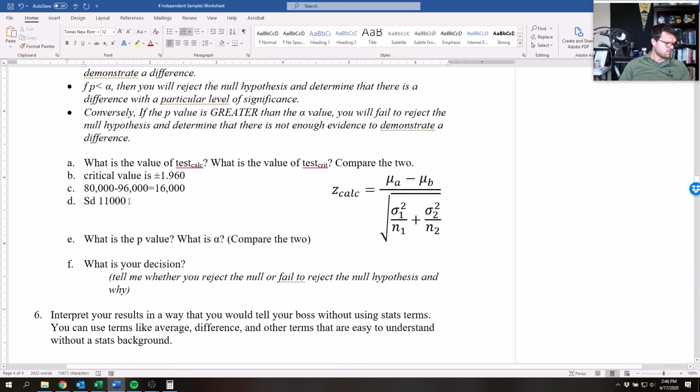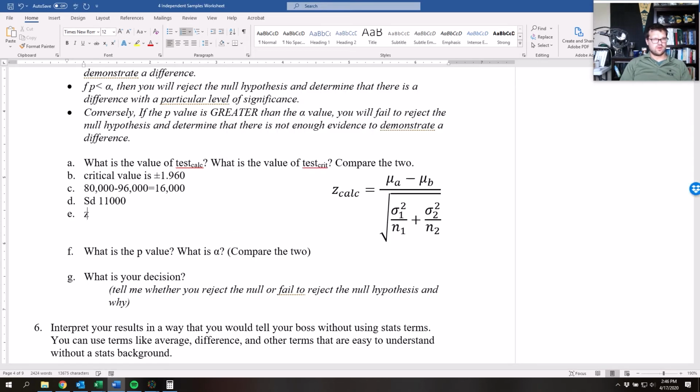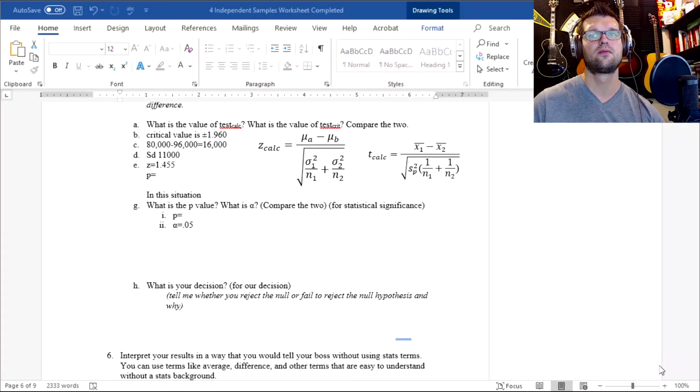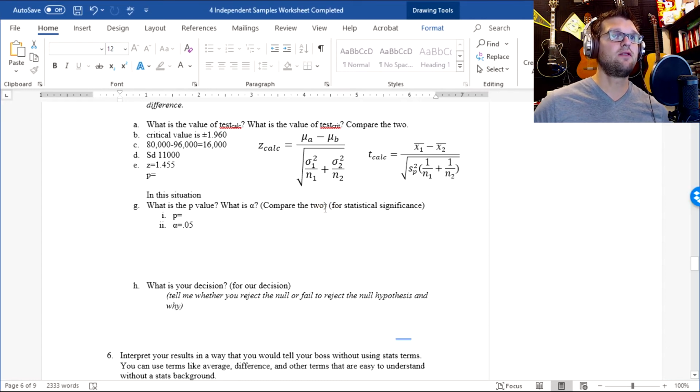Oops, that's supposed to say equals 1.455. Okay, sorry. Okay, so we have our z-value of 1.455, and now we're going to calculate our p-value.